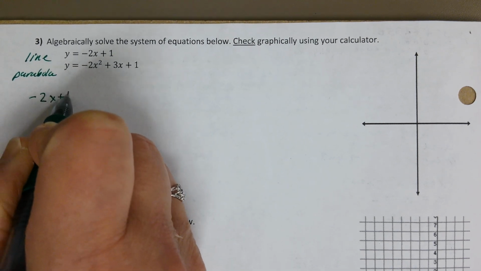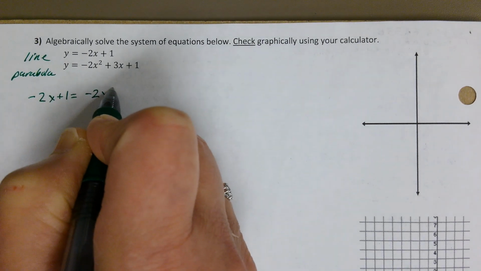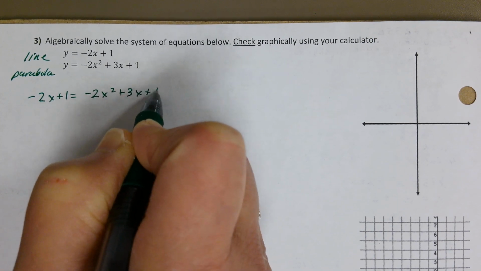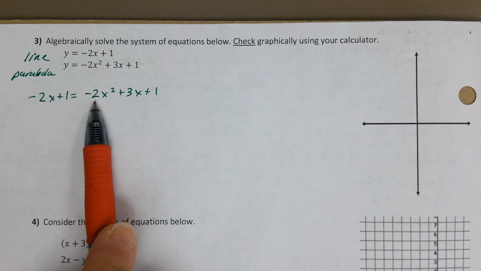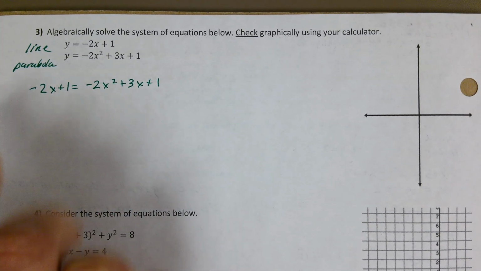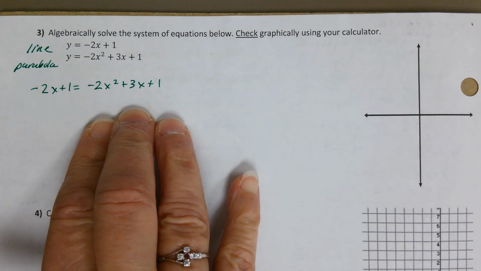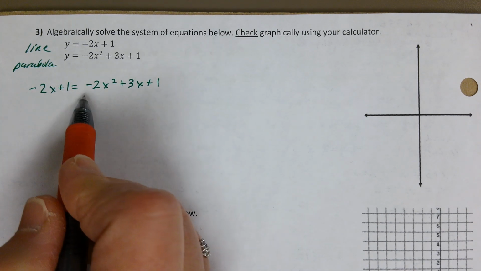Negative 2x plus 1 equals negative 2x squared plus 3x plus 1. We always like our leading coefficient to be positive, so I'm going to move all 3 of these terms over to the left-hand side.